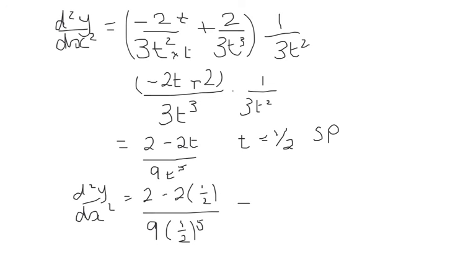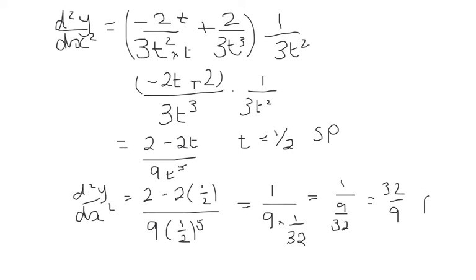So we have numerator 2 subtract 1 is 1, and that's 9 multiplied by 1 over 2 to the 5, which is 32. So we have 1 over 9 over 32, which is 32 over 9.